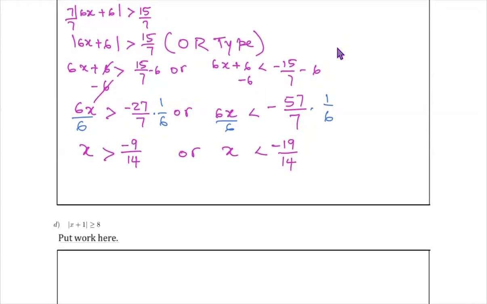The set builder notation will be the set of x such that x is greater than negative 9/14, or x is less than negative 19/14.